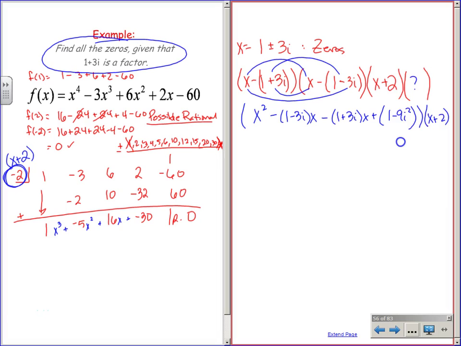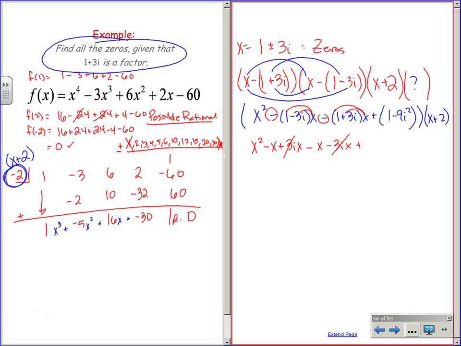We could do some simplifying, and we would end up with x squared. What do we got? We have to distribute that x and the negative, so that'd be negative x plus 3ix, right? And distribute the x with the negative, minus x minus 3ix. Oh, those cancel. Plus, wait, what's i squared?